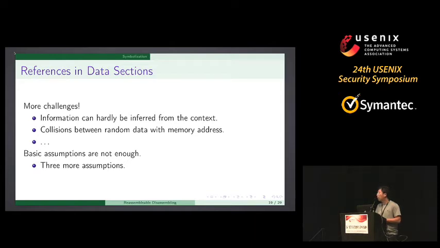It is also very likely to get collisions between random data and memory addresses. So it turns out that our basic assumptions are not enough, and we propose 3 more assumptions.